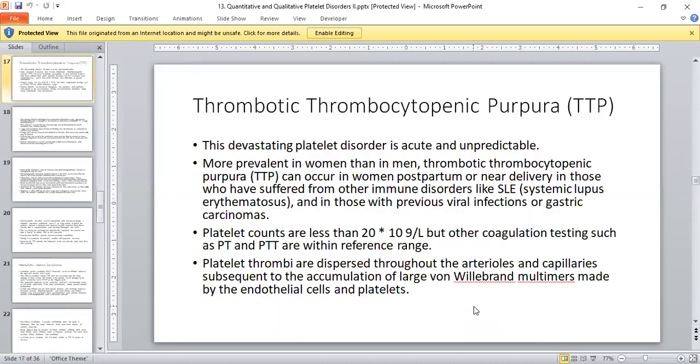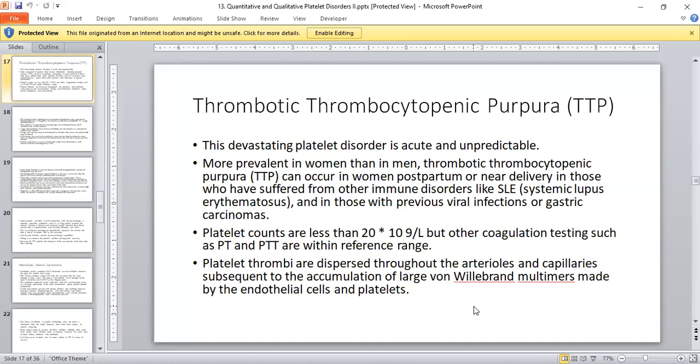The other condition is TTP, thrombotic thrombocytopenic purpura. It is a devastating disorder and is very acute and very unpredictable. It is more prevalent in women than in men. It can occur in women postpartum or near delivery, in those who have suffered from other immune disorders like SLE, or those with previous viral infections or gastric carcinomas.